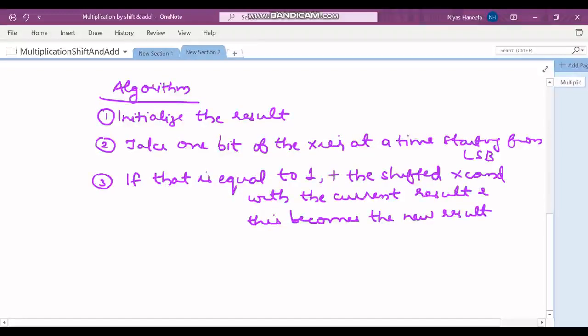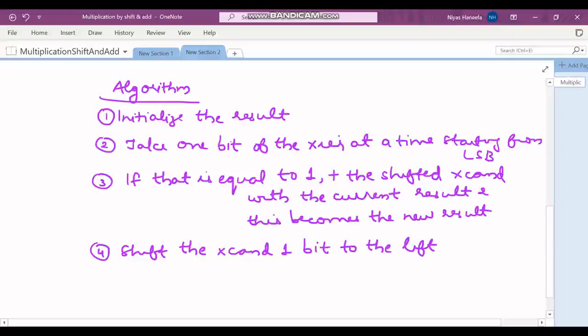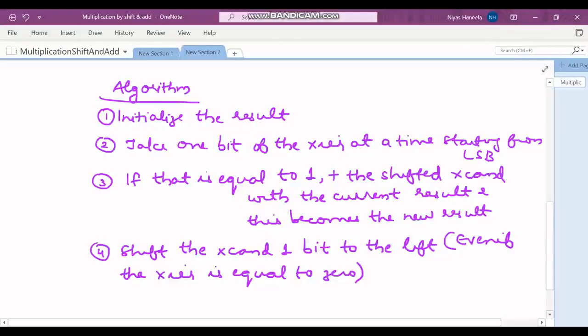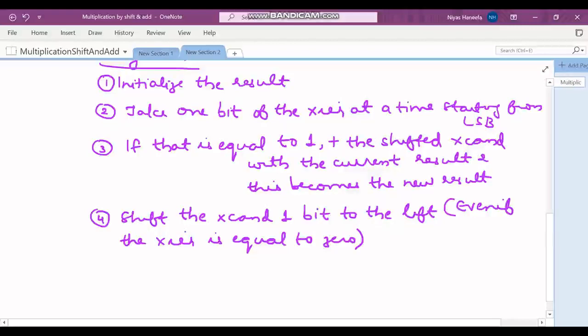After doing this operation, shift the multiplicand 1 bit to the left. This operation has to be done even if the multiplier bit is equal to 0. So this operation has to be done irrespective of the value of the multiplier bit, because that is shown in the example. How many times has this to be done?